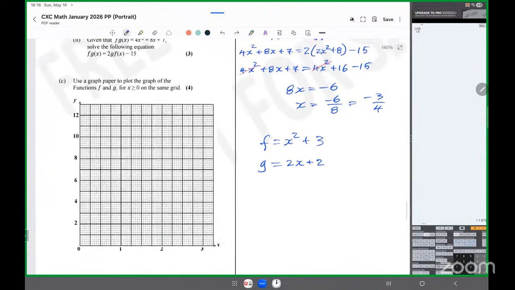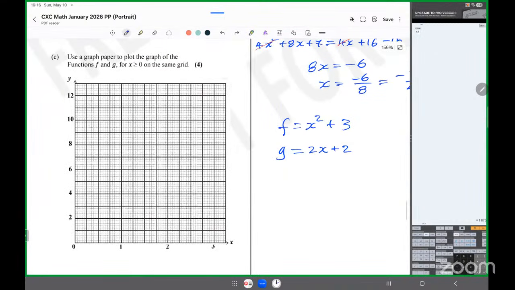It passes through the y-axis at an intercept of 2, so it's a gradient of 2.